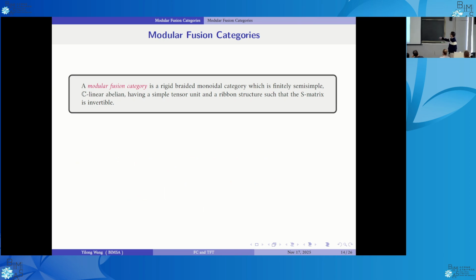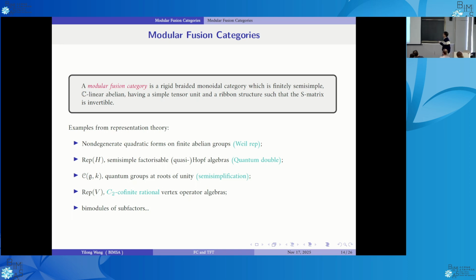So we summarize the definition as above. It has the above structures and properties. And there are many examples of modular fusion categories from representation theory. For example, from non-degenerate quadratic forms on finite abelian groups, where the associated SL2Z representations are known as the Weil representation. And if you are interested in Hopf algebras, semi-simple factorizable quasi-Hopf algebras, in particular, if you take the quantum double of a semi-simple Hopf algebra, you will get a modular fusion category.